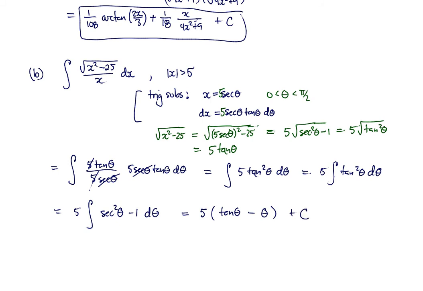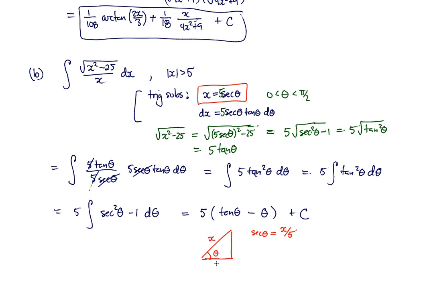And so there's our antiderivative taken. We now need to re-express back in terms of x. We look at our little right triangle to get the relationship. What do we have? We have that secant theta is x over 5. Now secant theta is the reciprocal of cosine. Cosine is side adjacent over hypotenuse. So secant is hypotenuse over adjacent.